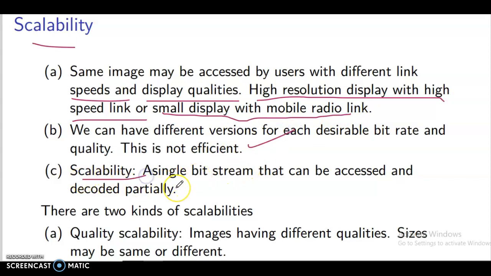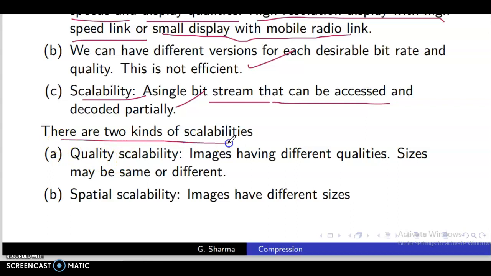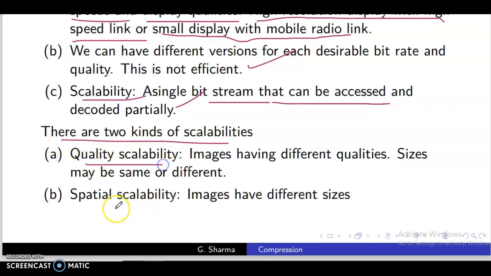Scalability is a single bit stream that can be accessed and decoded partially. There are two kinds of scalability: quality scalability, where images have different qualities, and sizes may be the same or different; and spatial scalability, where images have different sizes.